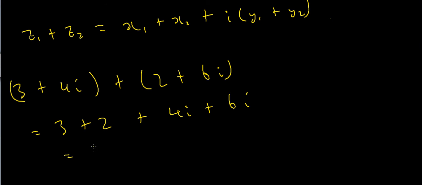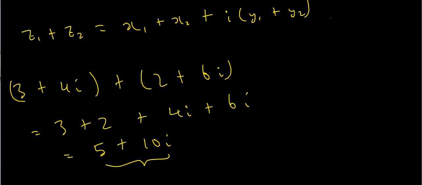Well, 3 plus 2 is just 5, and 4i plus 6i is just 10i. So the sum of 3 plus 4i and 2 plus 6i, two different complex numbers, gives us a new complex number. So that's the result of adding two complex numbers.